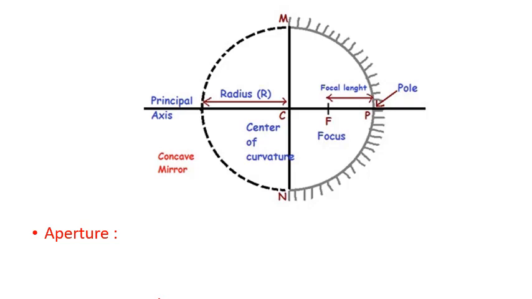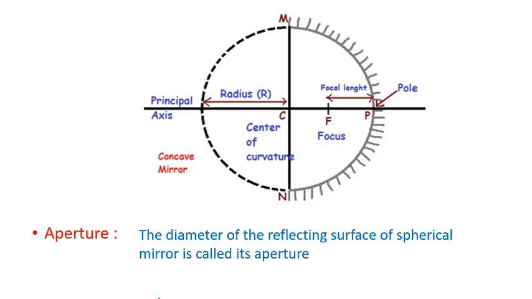Now you have also come across the term aperture. The diameter of the reflecting surface of the spherical mirror is called the aperture. Before explaining, there is a misconception that many of us think that if this is m and this is n, then mn is the diameter.